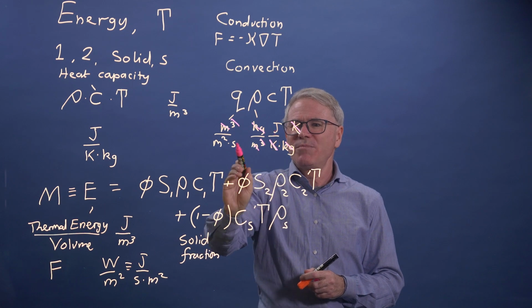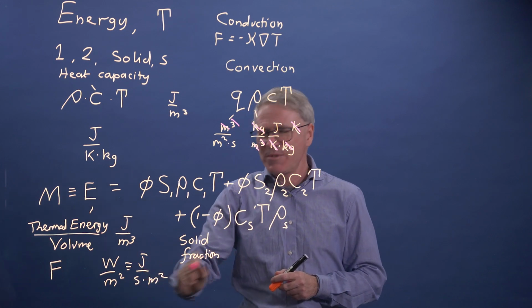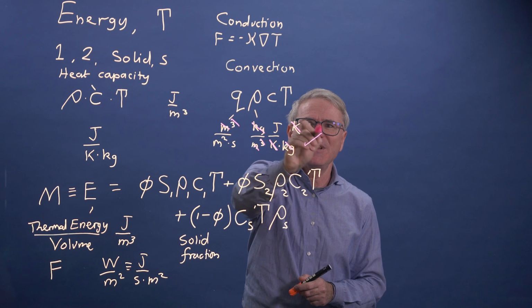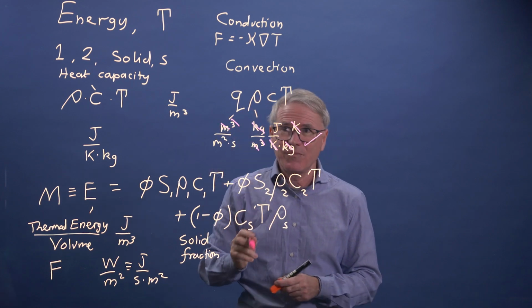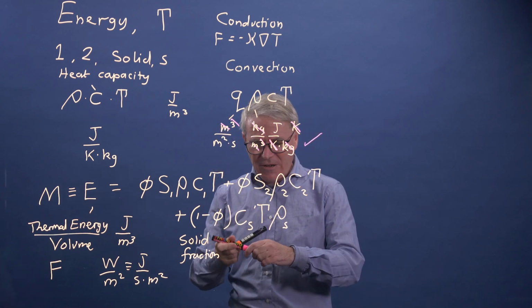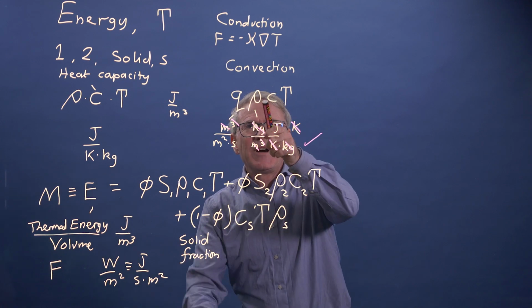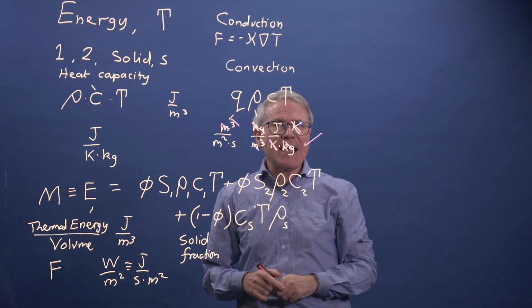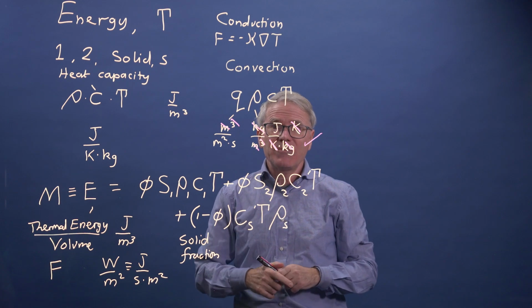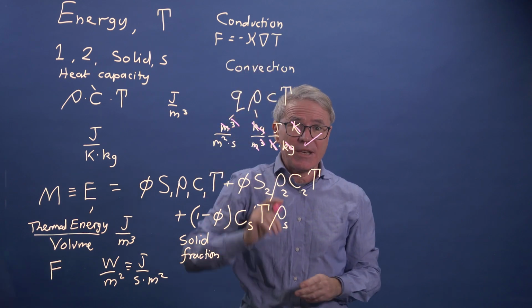We've got joules per second per square meter. So that has the right units and the right physics. So the convection now is given by this, and the conduction, and we simply add the two, right? So we have this plus this.